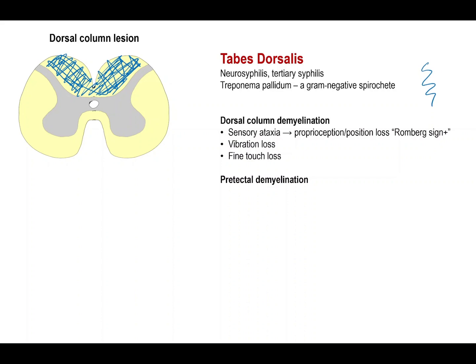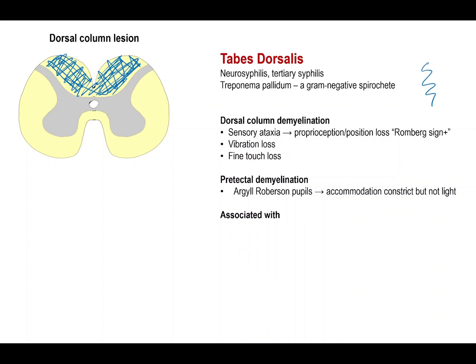Your pupils will respond to accommodation but they will not respond to light, and this is called Argyll Robertson pupils. So accommodation constricts but not light. Your pupils will not constrict when you flash light into them, but if you look at a far object and then a near one, they will accommodate and constrict. Okay, so this is really really important.